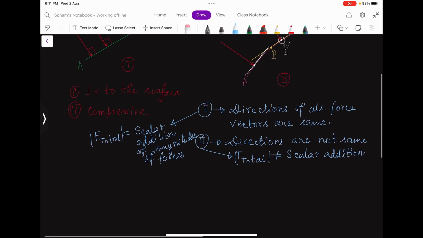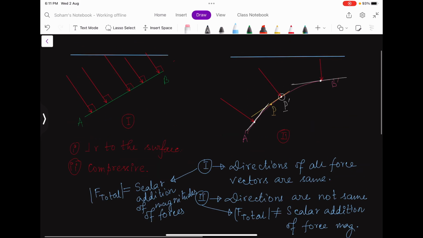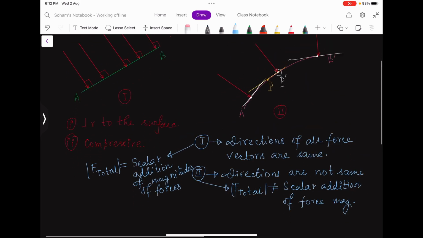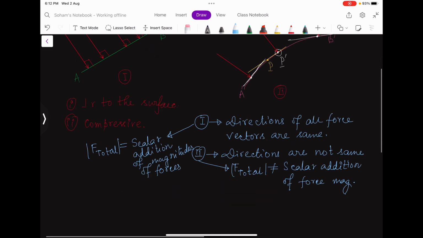So this is the basic difference of force magnitude. This was a basic requirement. So we have to add the forces vectorially and then find the magnitude of the force in case of a curved surface. So then how to calculate the force?